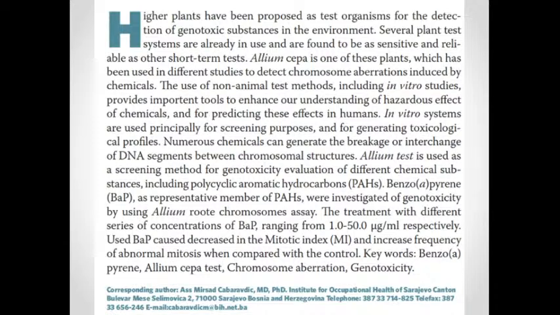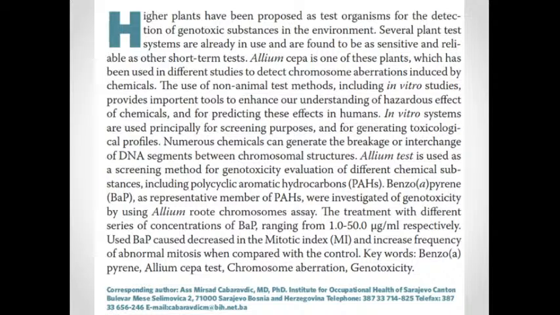BAP is a representative polycyclic aromatic hydrocarbon, and we're checking its genotoxicity in the Allium root chromosome assay. Treatments with different concentrations of BAP ranging from 1 to 50 microgram per ml were used. What did BAP do in these experiments?